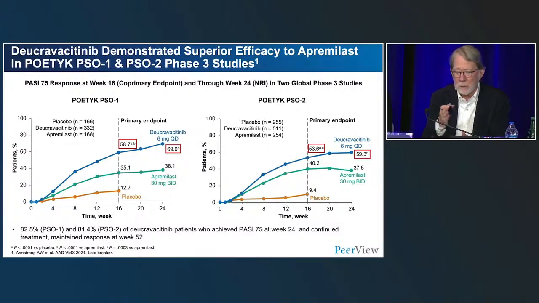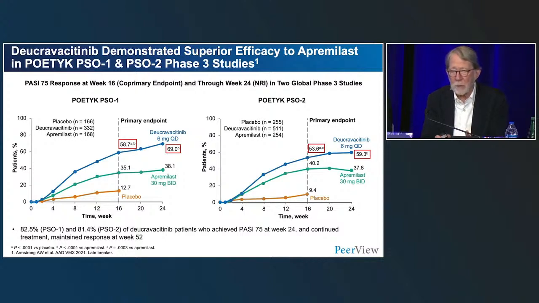And here is the data that supported the psoriasis approval. These are the psoriasis 1 and 2 trials, phase 3, where there was a head-to-head comparison with apremilast, noted in green, and placebo through week 16.